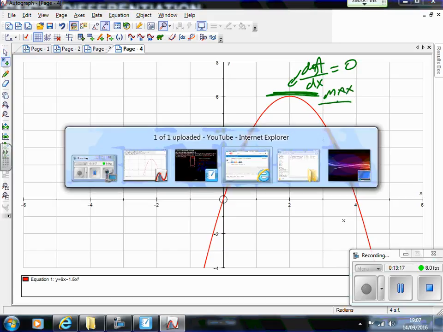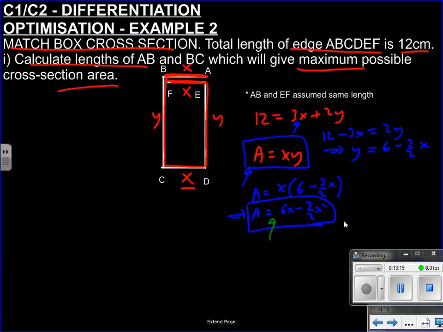All right, so let's go for it. Go over here then. So dA over dx equals differentiate 6 minus, the 2 comes down, that's 3x, isn't it? 3 over 2 times 2 just gives you 3x, equals 0 at a stationary point. Really important to add that. Let's find x then. So x must be, move the 3x over, divide by 3, 2.